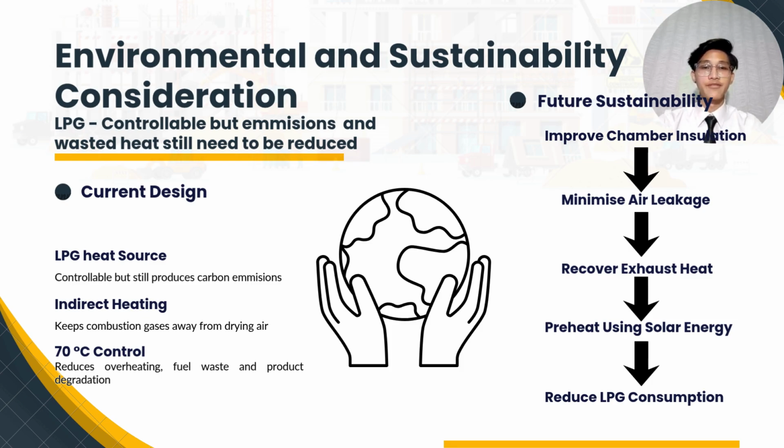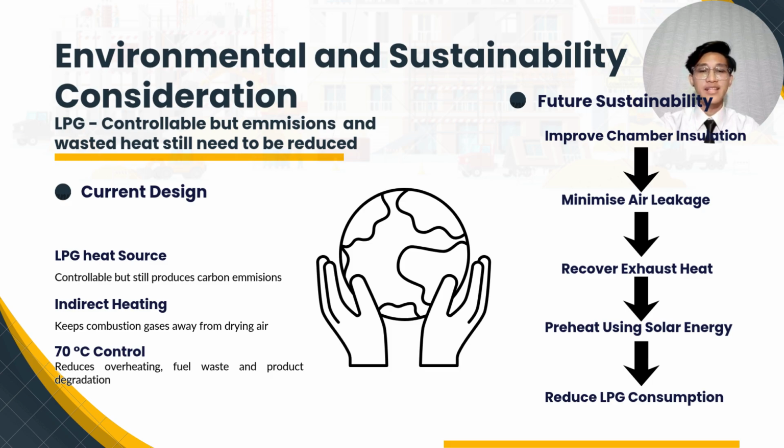Alright, now for the environmental and sustainability considerations, we know that LPG is still a fossil fuel, so that remains a limitation because it emits carbon emissions, compared with other renewable heating energy. However, the indirect fire configuration improves product safety because the combustion gases are kept separated from the clean process air.